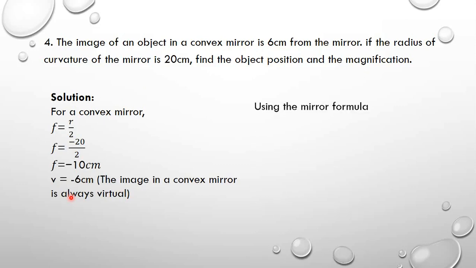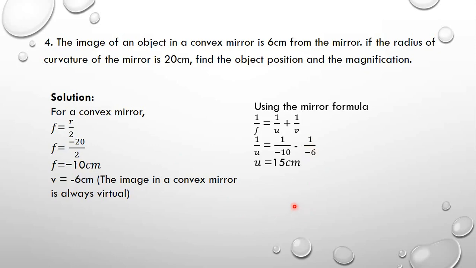Now let's use the mirror formula and make u the subject. First of all, I shall get 1 over u is equal to 1 over f minus 1 over v, which is 1 over negative 10 for the f, minus 1 over negative 6, because the v is negative, it being virtual. And therefore u is going to be 15 centimeters.